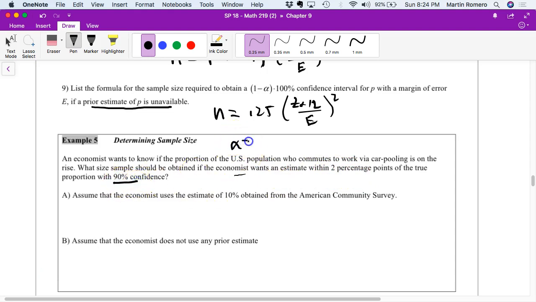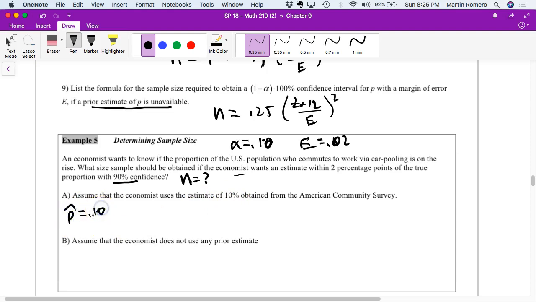So that means alpha is 0.10, and what we're looking for is n, the sample size. Our E is 0.02, that's 2 percentage points. And then he uses the estimate of 10%, so the economist thinks p-hat has a value of 0.10.